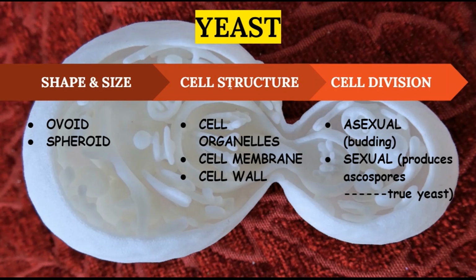Then we have the cell structure of yeast. The cell wall of yeast is also composed of polysaccharides. These are also called chemotrophs. What are chemotrophs? Chemotrophs are organisms with a chemical energy source, and they can survive in the temperature range of -2 to 45 degrees Celsius. Let me show you the figure.